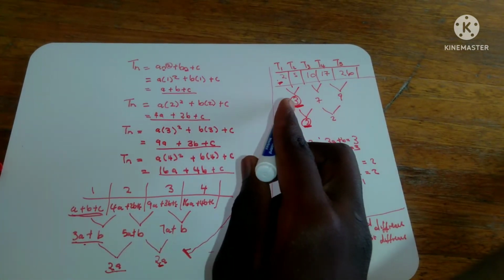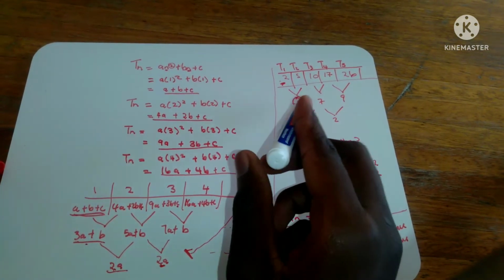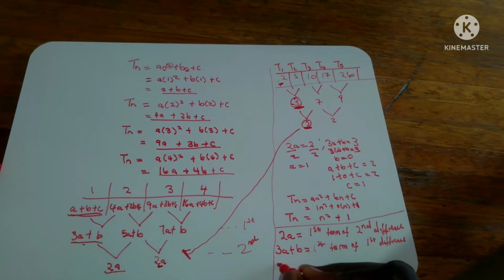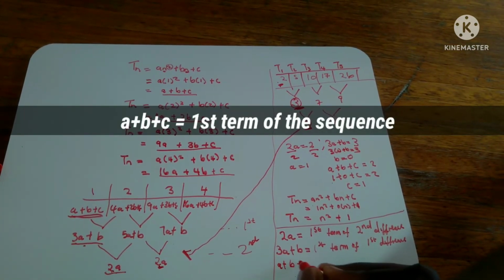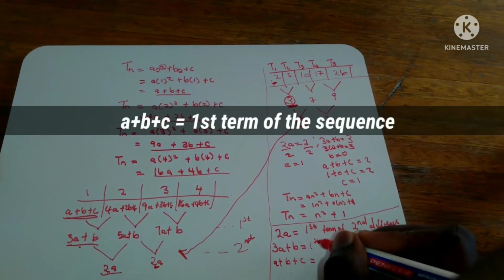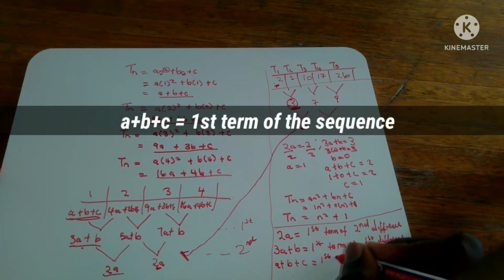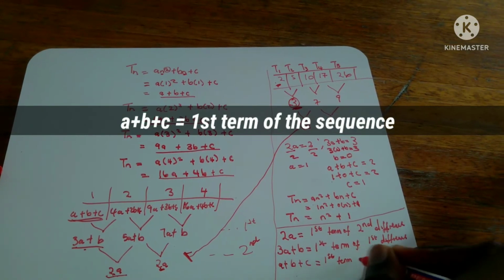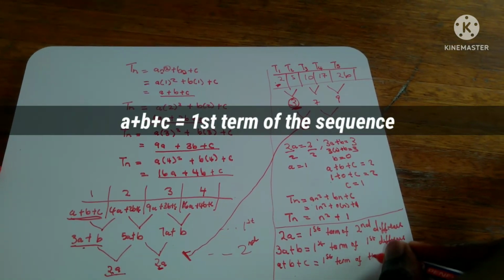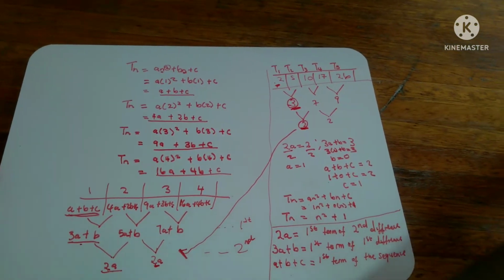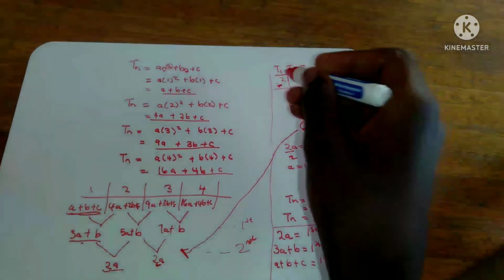Any term that is found first at the first difference will be equal to 3a plus b, and then we'll have a plus b plus c is equal to what? Is equal to the first term of the sequence. So the first term of this sequence is this term here.